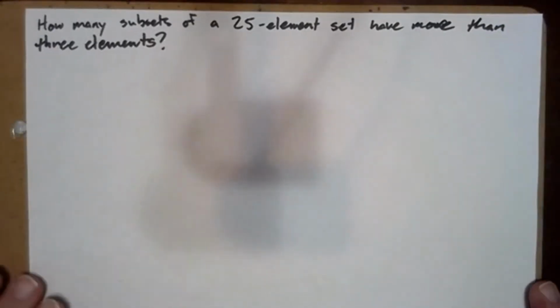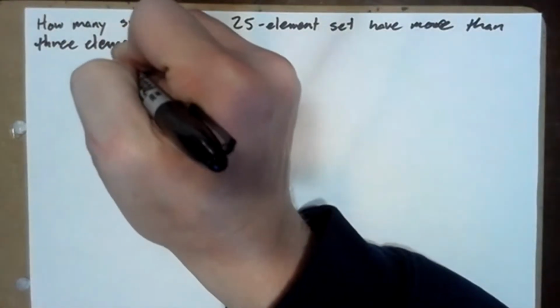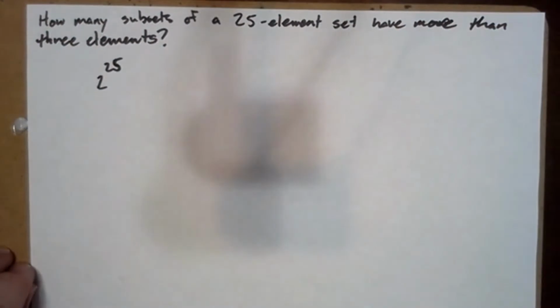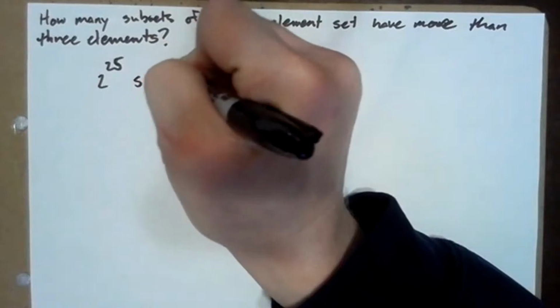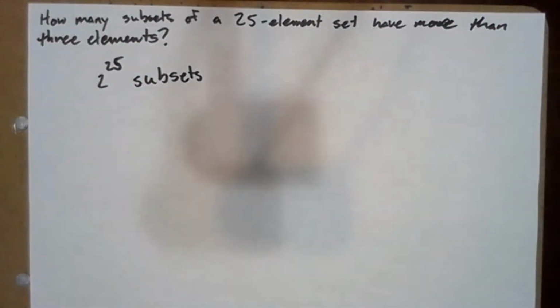Last problem. How many subsets of a 25-element set have more than 3 elements? Well, we can figure out how many subsets there are. That's 2 to the 25th power. Let me raise 2 to the 25th power over on Desmos.